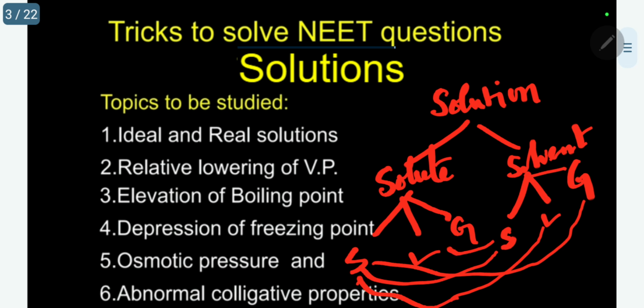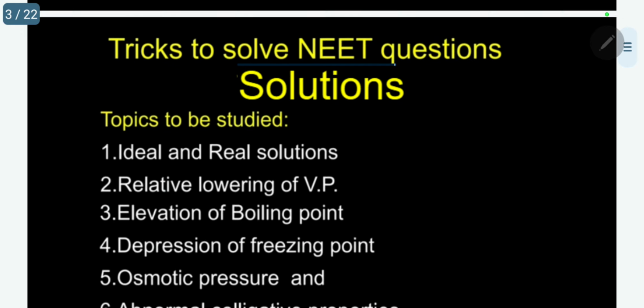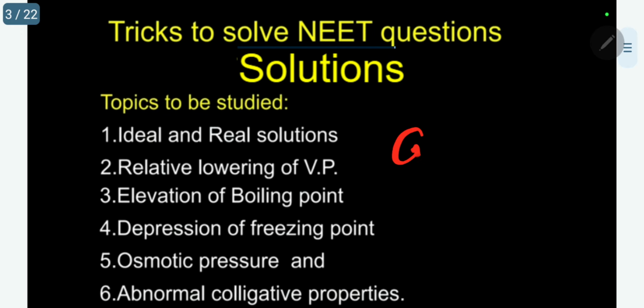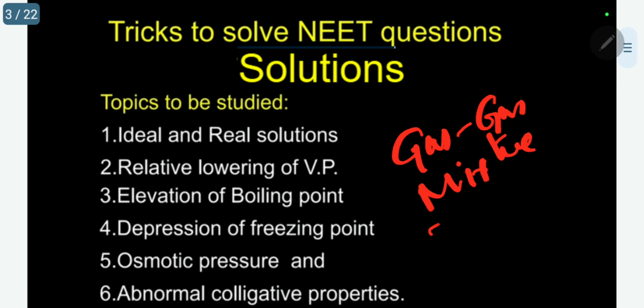So totally we have 9 combinations. Out of 9, the ninth combination, that is gas in gas, is not a solution. Gas in gas is only a mixture. Example, air. It is not a solution.